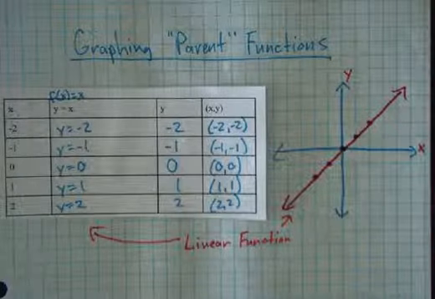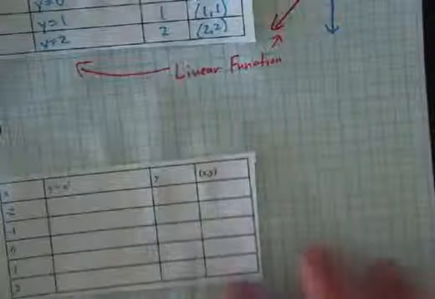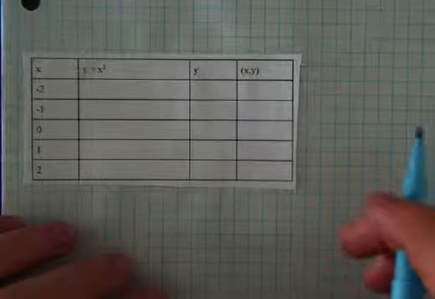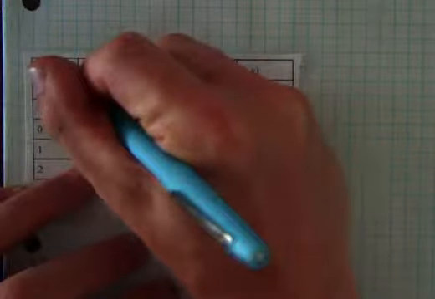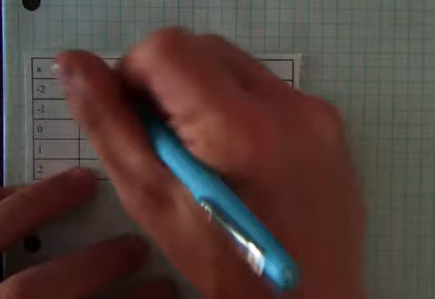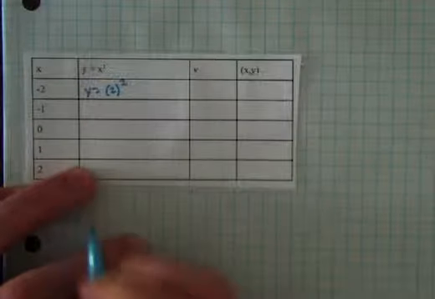Okay? Next, we're going to move up, and we're going to look at this next one, which is y equals x squared. Let me just adjust this so we can make sure you can see it. Y equals x squared. All right? So we're going to do the same thing, but this time it's going to look just a little bit different, because when we plug in, here we're going to get y equals -2 squared.